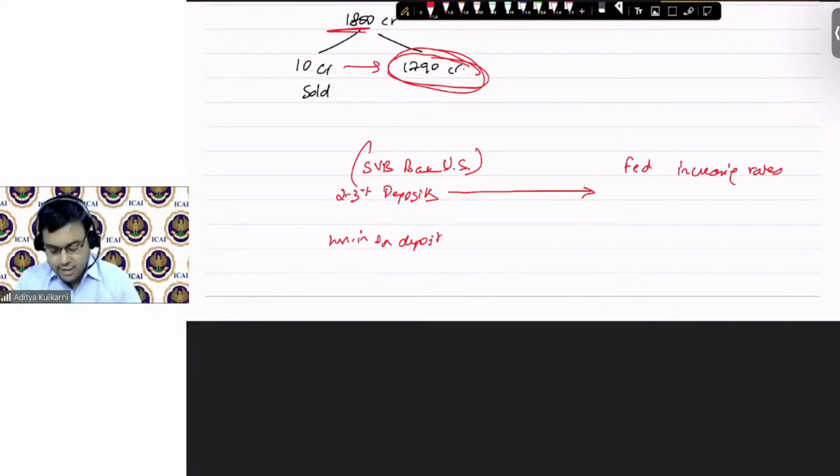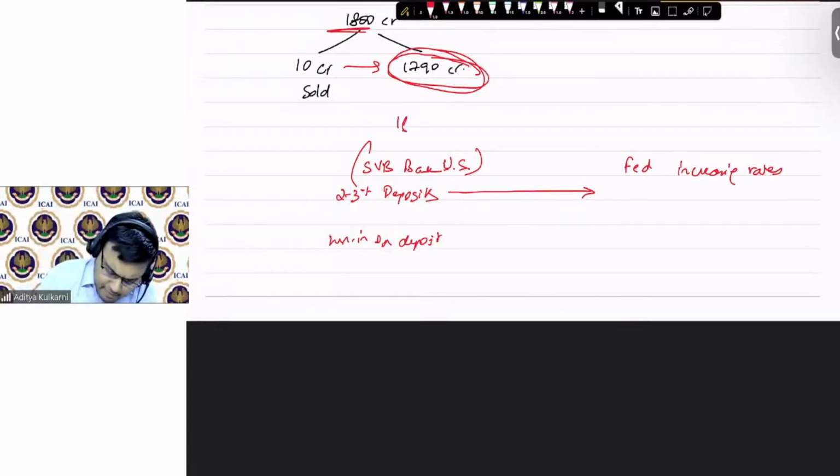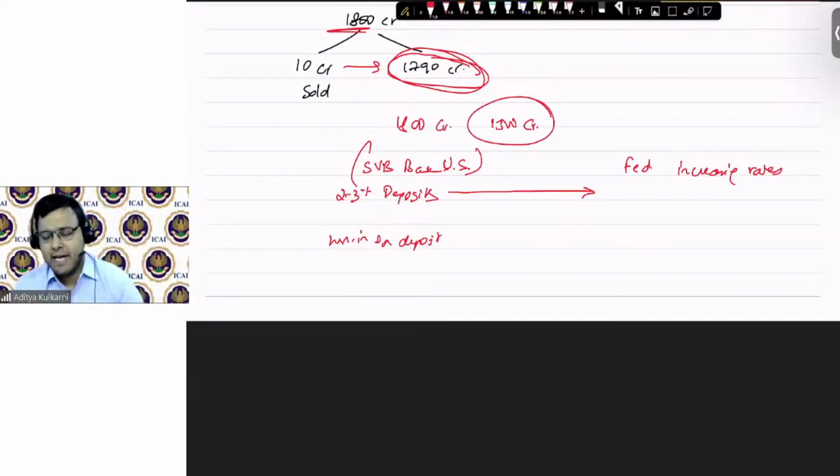Okay. So SVB Bank had to seek the help of the US Fed to ensure that it retained its position. But in our example, it is not such a bad situation. In our theoretical example that we saw, SVB Bank had 1800 crores. The sudden outflow of deposits meant that 1500 crores of deposits had to be paid back.